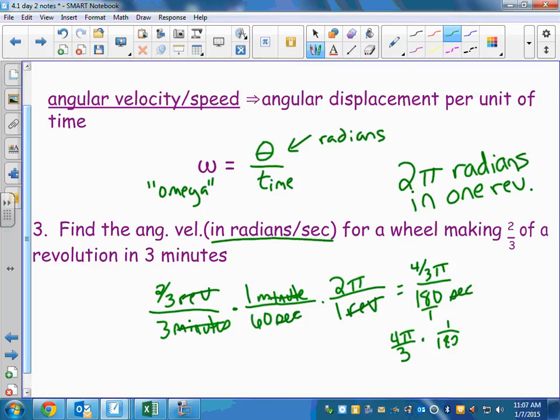Pretty much. Right? You can simplify that, or you just do it on your calculator. I don't care. Don't leave that. It's going to be like this. Pi over 135, is that true?